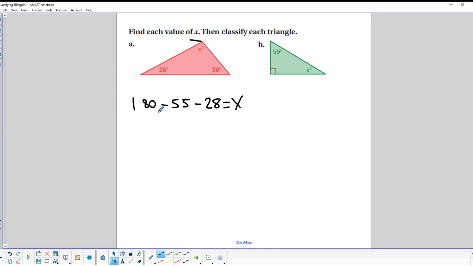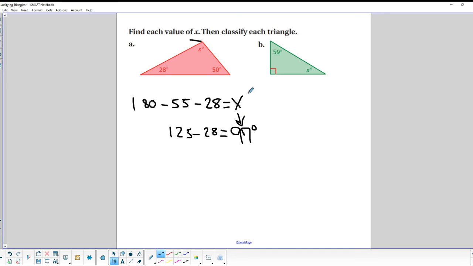So if you do 180 minus 55, then that's going to give you 125. And 125 minus 28, that's going to leave you with 97 degrees. So x in this case would be a 97-degree angle.